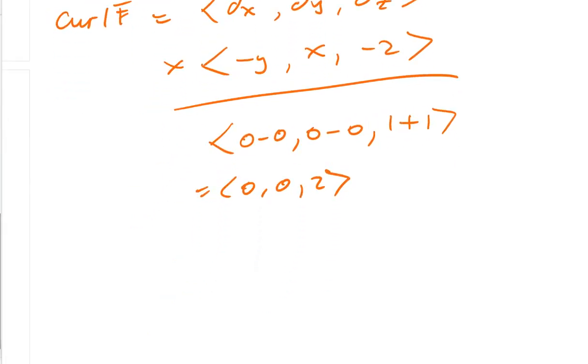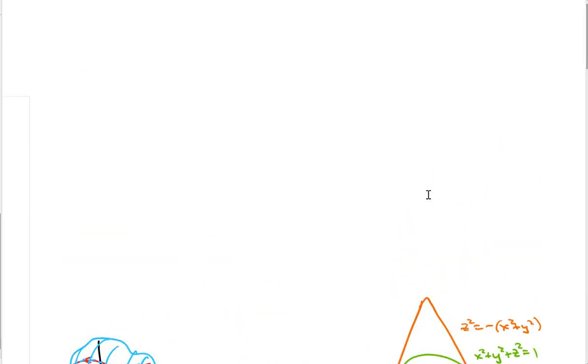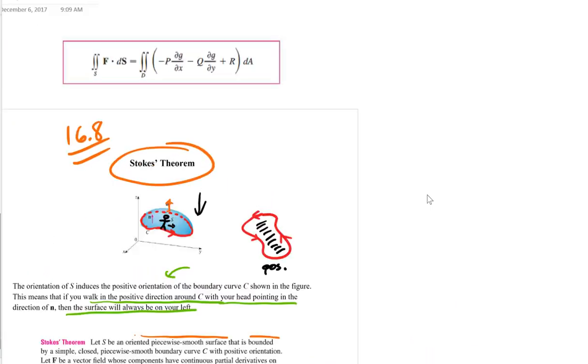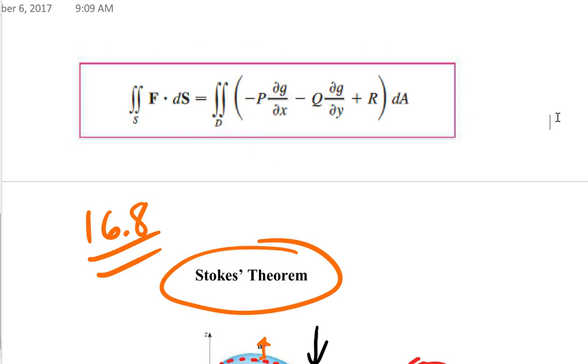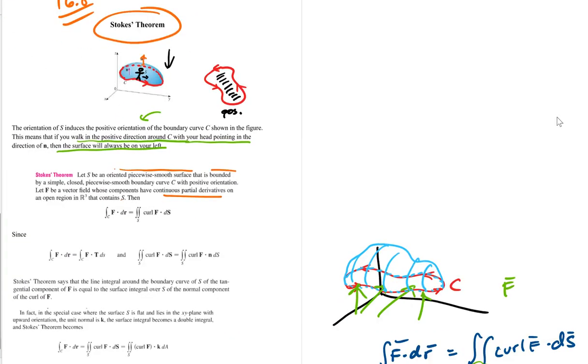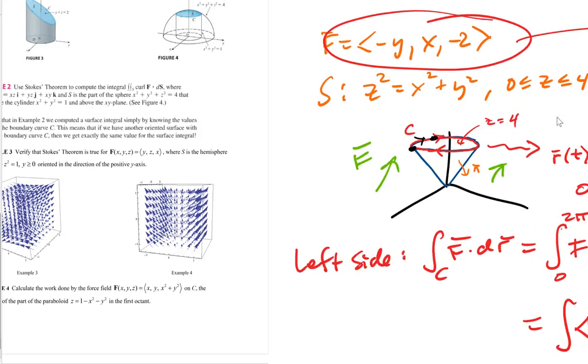Okay, so now what you need to use is a formula from section 16.7. All right, so let me pull it down and I'll explain it again. Where are we at?